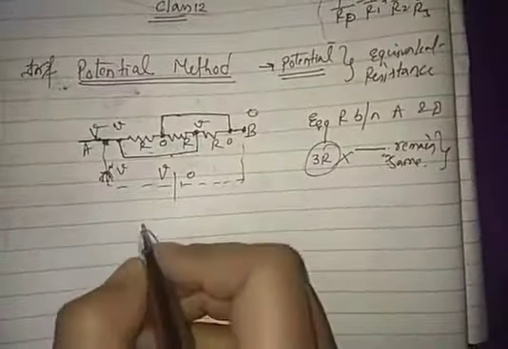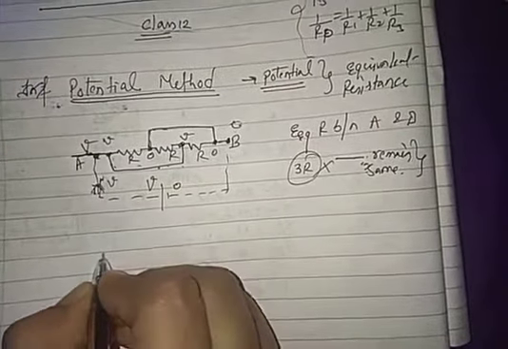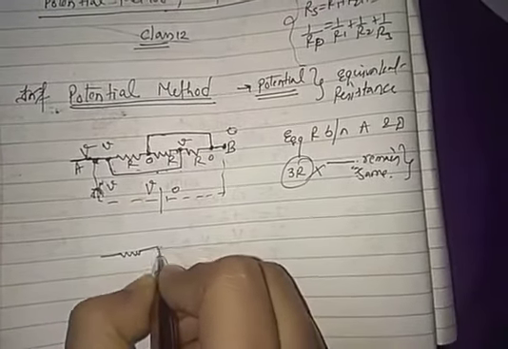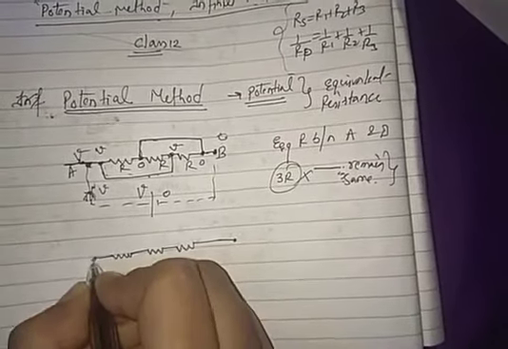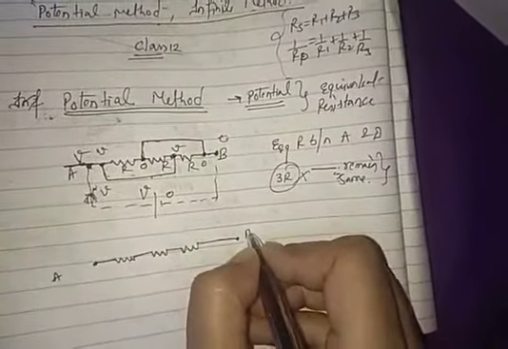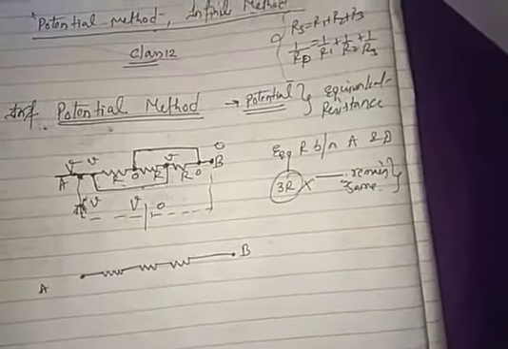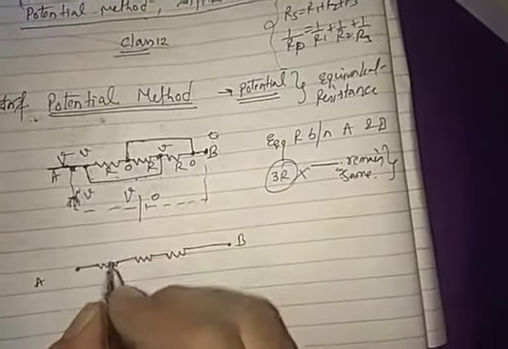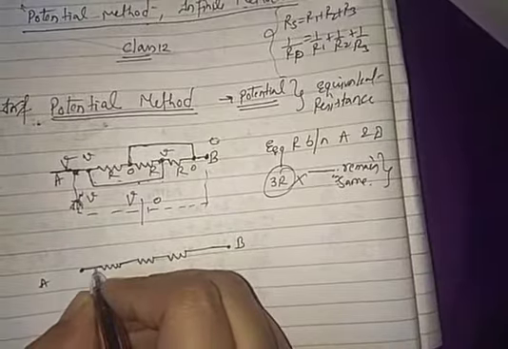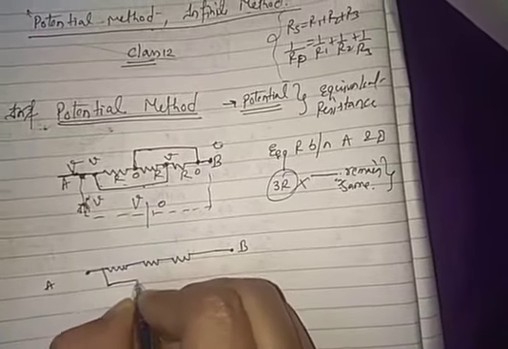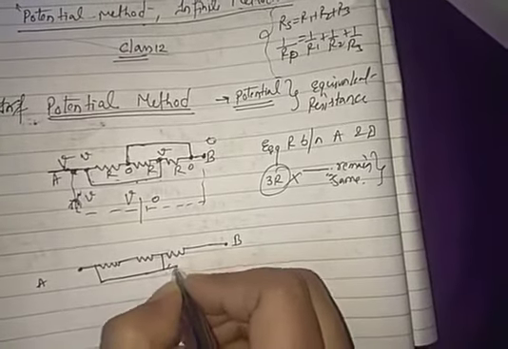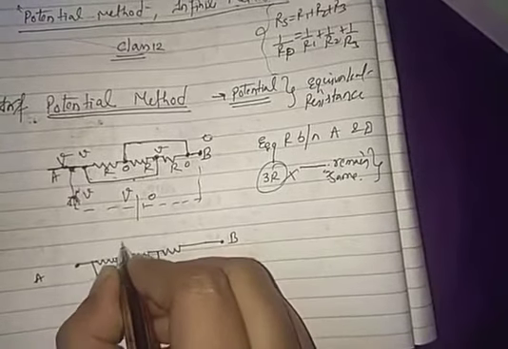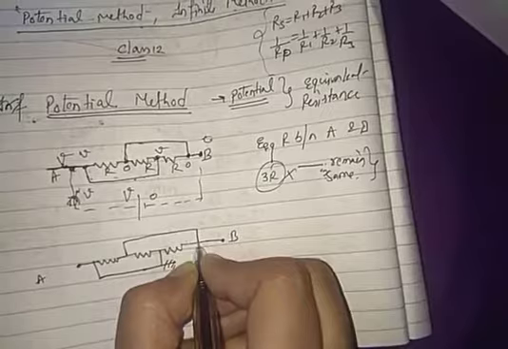I think I should repeat it once again, because many of you got confused with the numerical. Students, it is very easy. Just keep one thing in your mind: if potential drop is taking place, then there is an instrument.